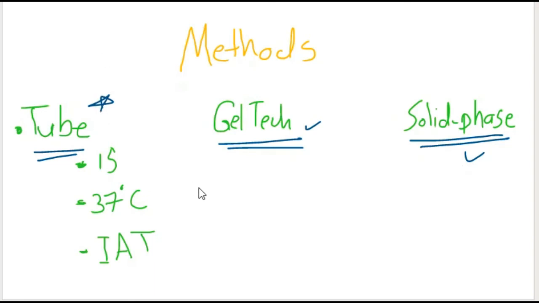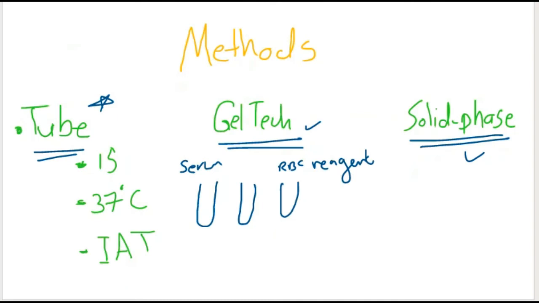If you remember, we said that we need to take the patient serum. This is the patient sample, the serum. In the tube method, we take a sample of serum and some of the red blood cell reagent, then incubate them together as we explained in the principle.